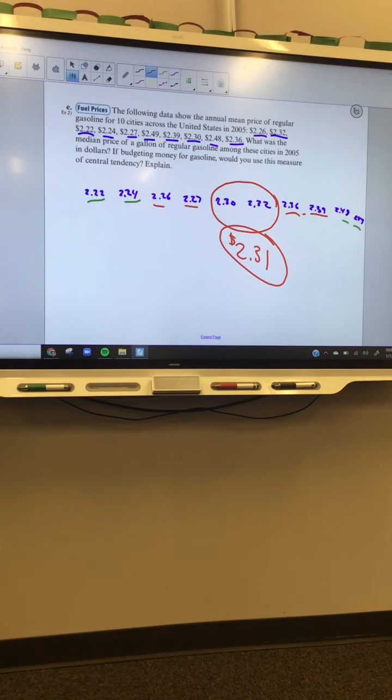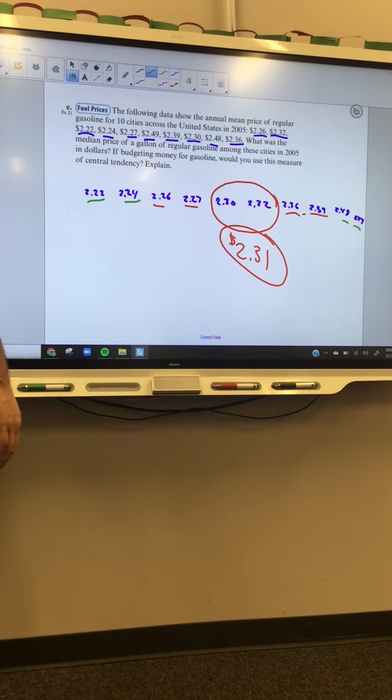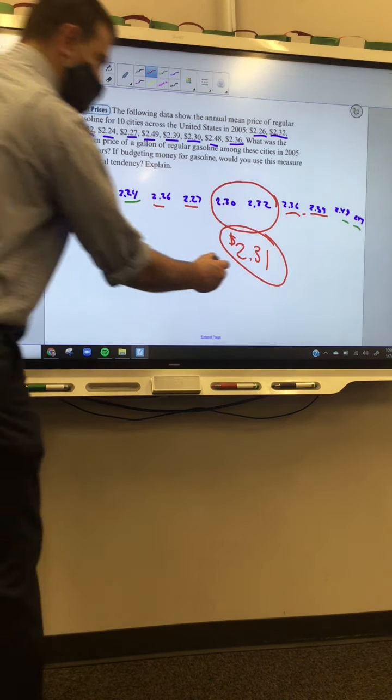231 was the median. And it said the mean, and data shown, the annual mean price. What do we get when we get the mean? Can you add those all up and divide by 10?